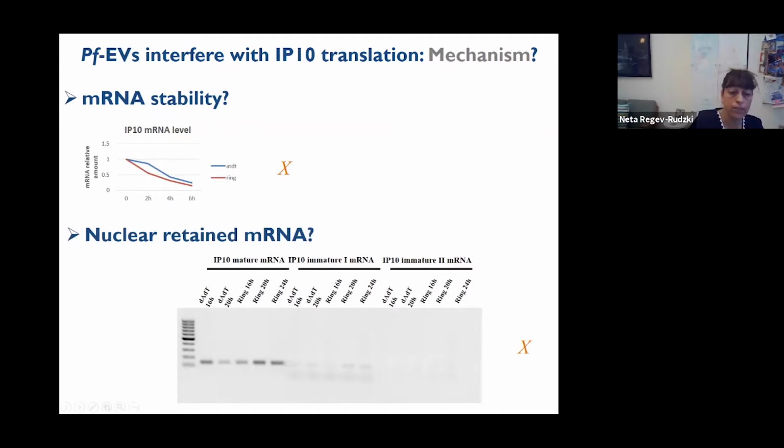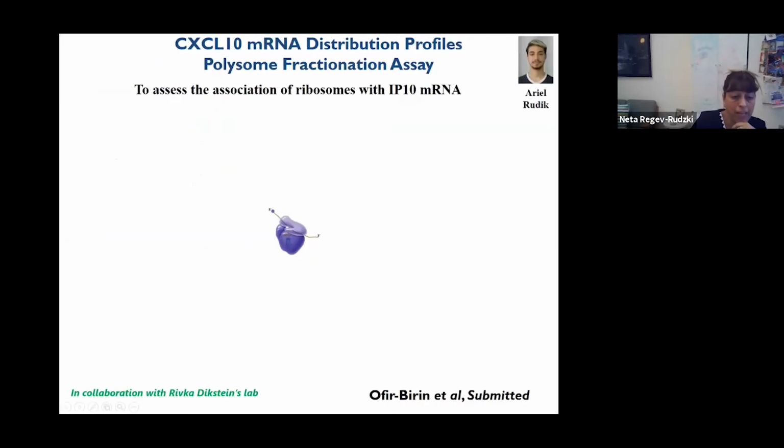Then we thought, okay, maybe when the vesicles come in, something blocks the association of the ribosomes onto the transcript of IP10, and that's why we cannot detect the protein. There is no translation. To assess the association of the ribosomes with IP10 mRNA, we established a polysome fractionation assay.